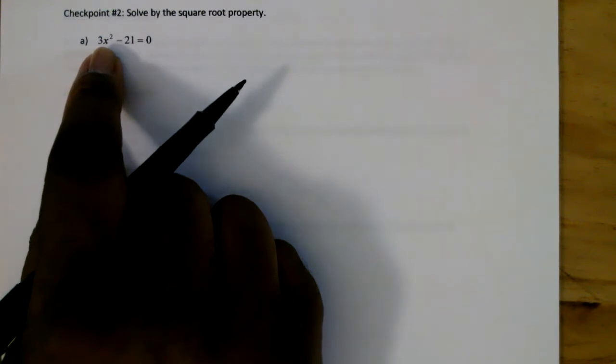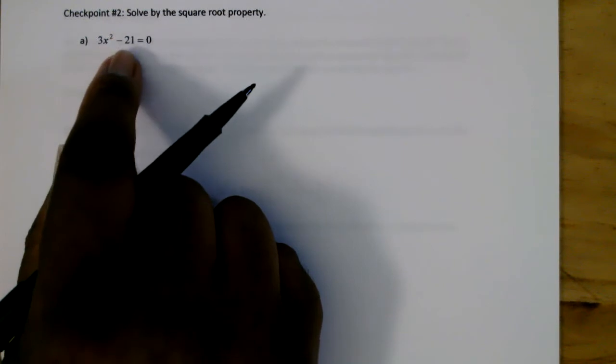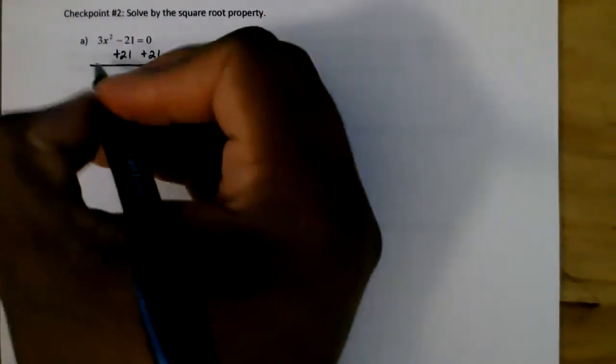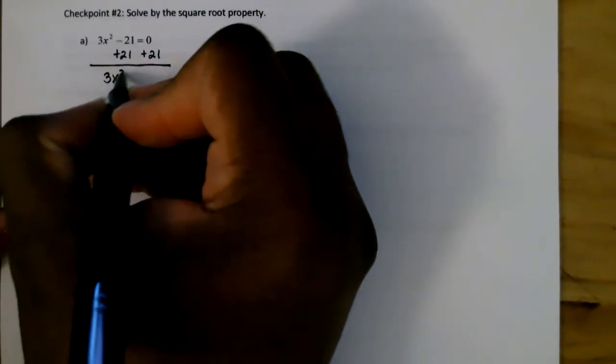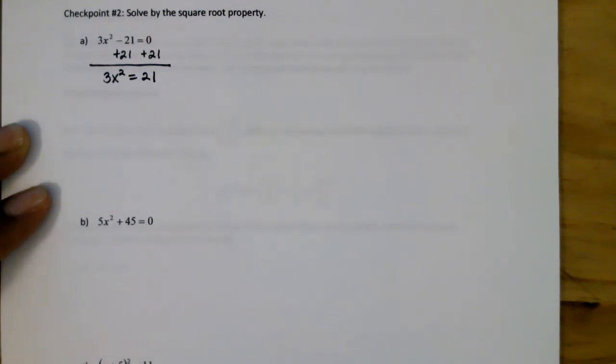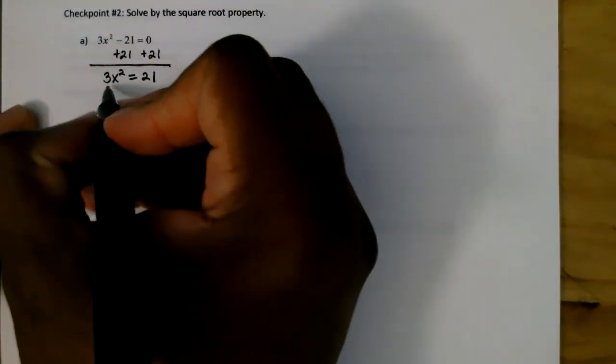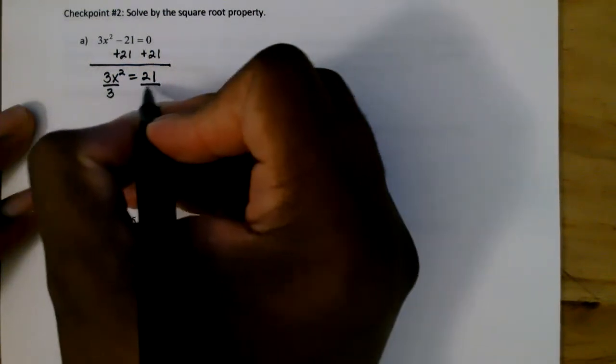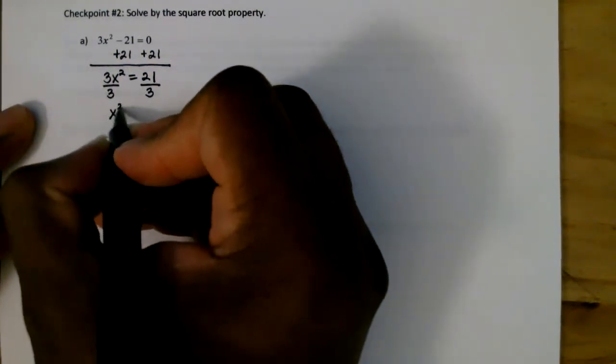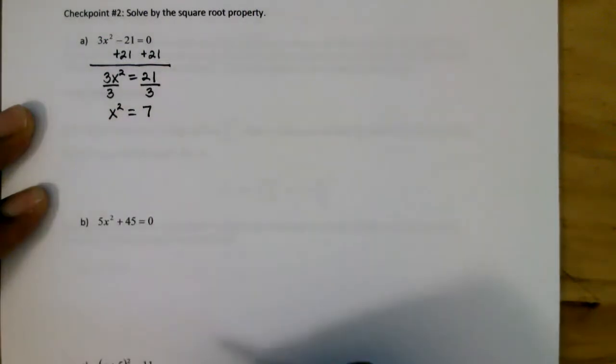Because this is 3 times x squared minus 21, let's get rid of the minus 21 first by adding 21 on both sides. So that means we get 3x squared equals 21. And then to get x squared by itself, since we're multiplying it by 3, we need to divide both sides by 3. So that means x squared is equal to 7.